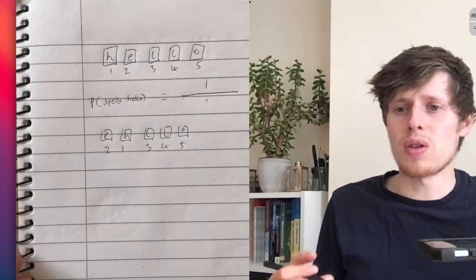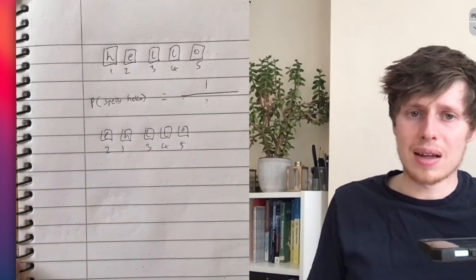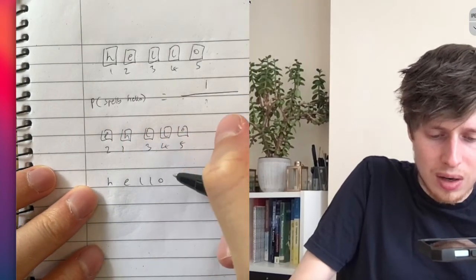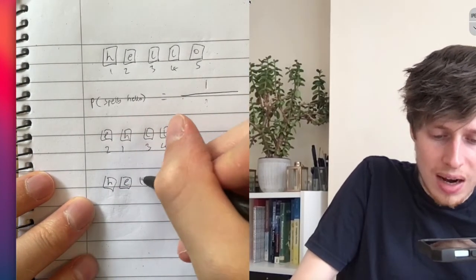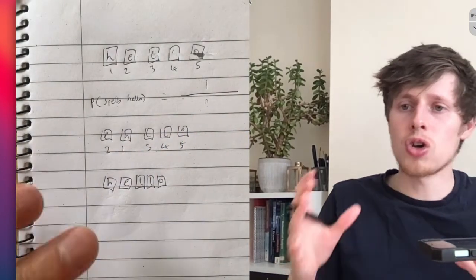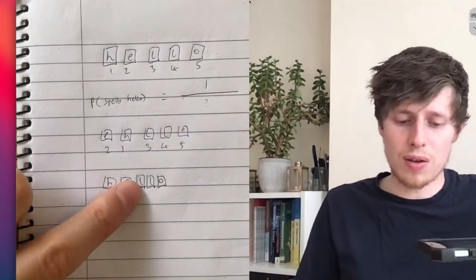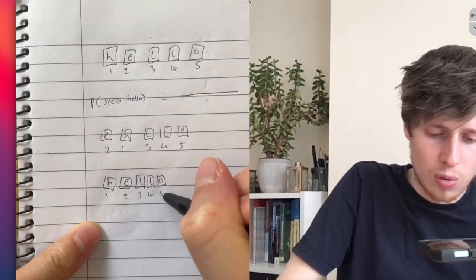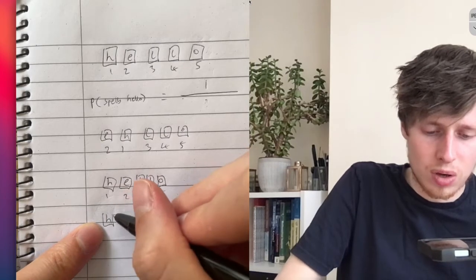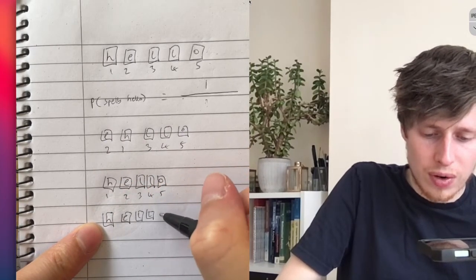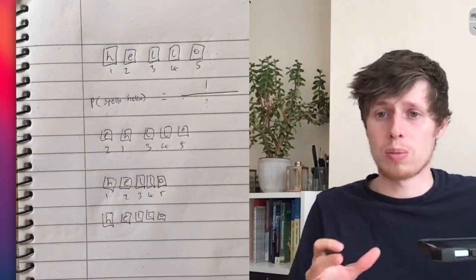But the crucial thing to realize is that given a word like hello, or any word using these 5 letters, there are 2 different ways of ordering the blocks if we distinguish the 2 L's. The reason I numbered them 1 to 5 is to make it clear that for every word there are 2 different ways of ordering the blocks.